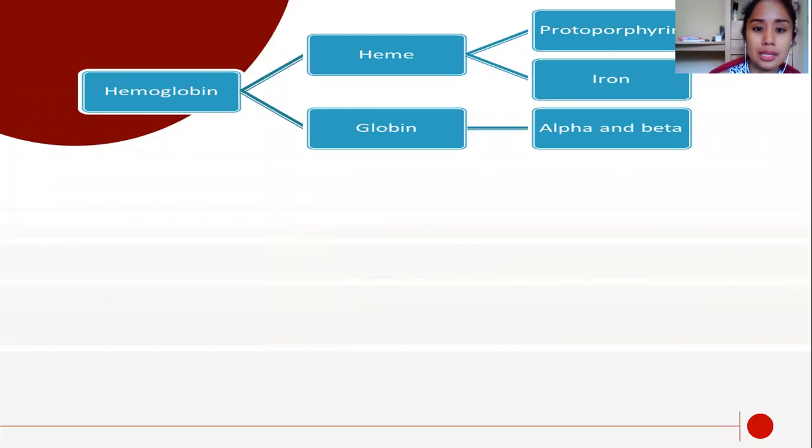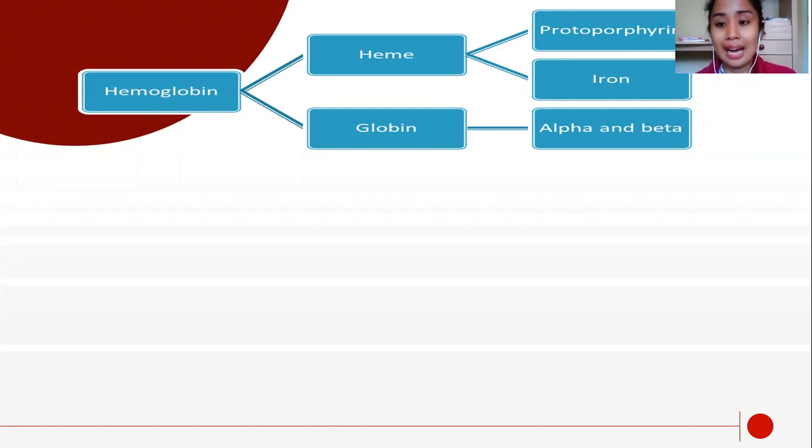Your hemoglobin is made up of heme and globin. Now heme is made up of protoporphyrin 9 and iron. To attach iron to protoporphyrin, di ba kailangan ng ferrochelatase enzyme? So, magkakasama yan. Your globin is the protein portion of your red blood cell.